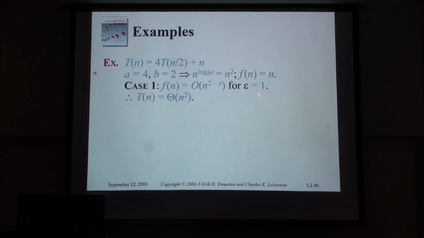Epsilon is the exponent of n that I have to multiply by for equality. So you can clearly see which is the bigger function, n to the log B of A or f of n? n to the log B of A. So in that case, we are finished, and T of n is theta n squared. We're done. Which is like, really? Yeah, really. We're finished.